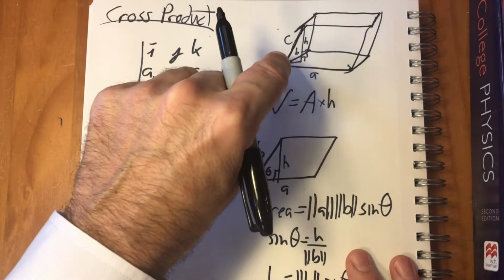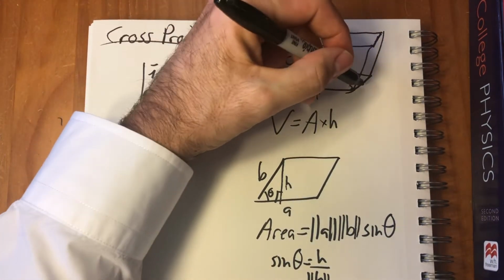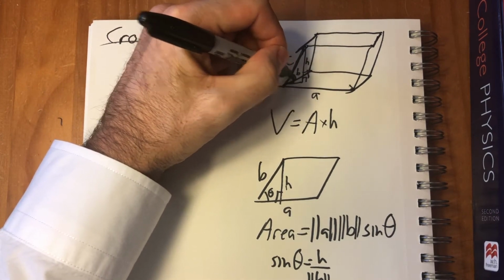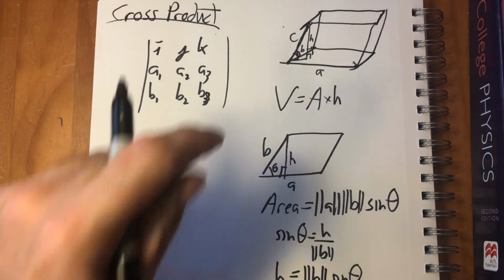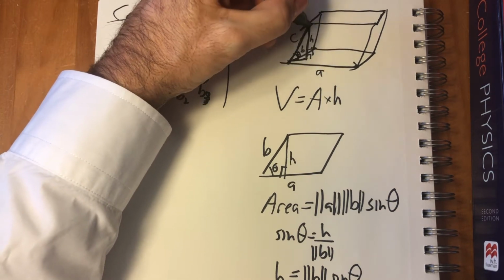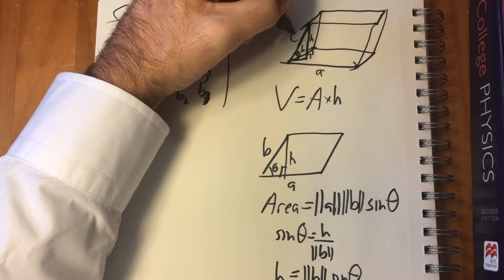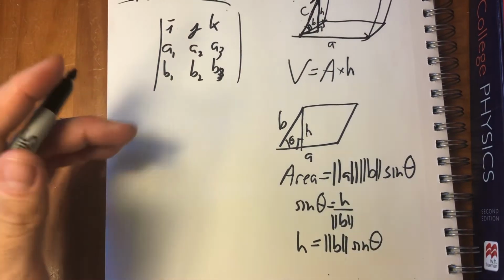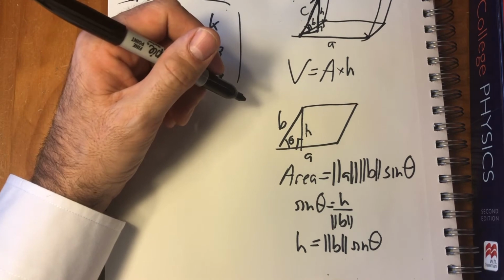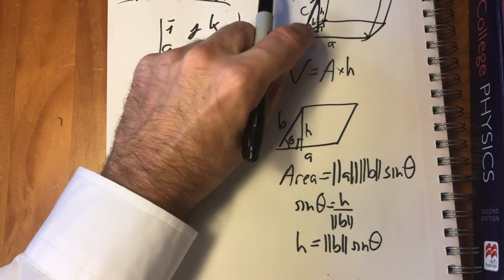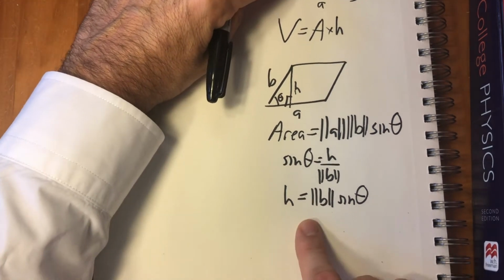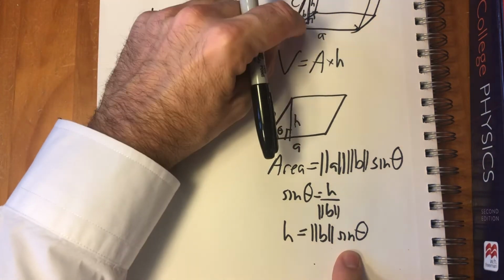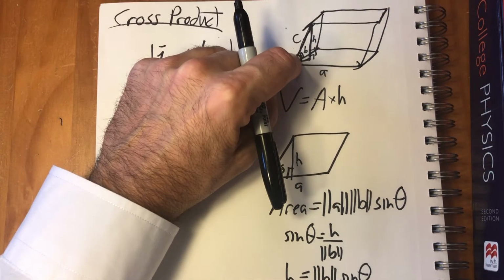So for the volume, we're doing the same thing. We want the area of this times, we have this angle here, and we need to do it exactly the same way. We have this triangle here. This is a right triangle with C as the hypotenuse and H is the value that we want. So again, just like here, the height is the length of the hypotenuse times the sine of this angle.